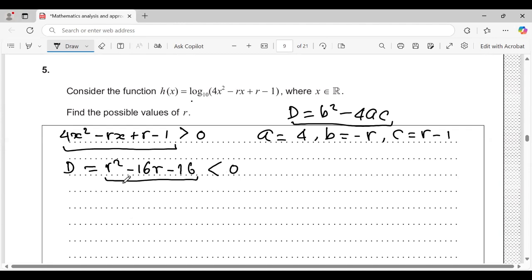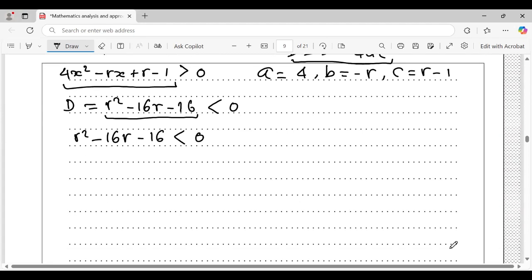Okay, so r squared minus 16r minus 16 less than 0. To solve this inequality, you need to set that r squared minus 16r minus 16 equals 0, because we are going to find the values of r.